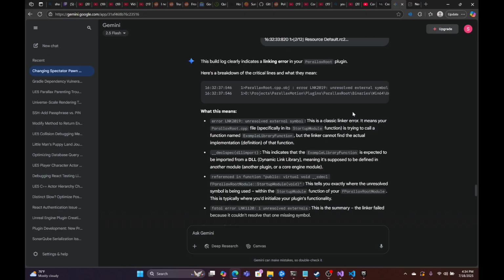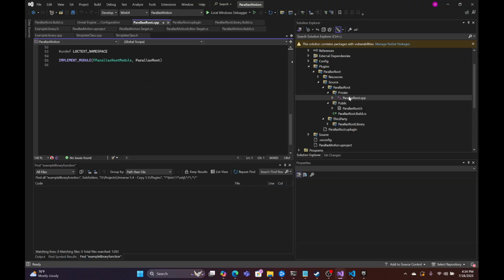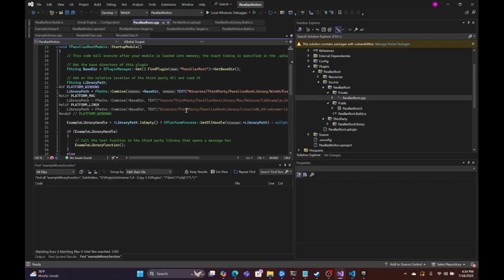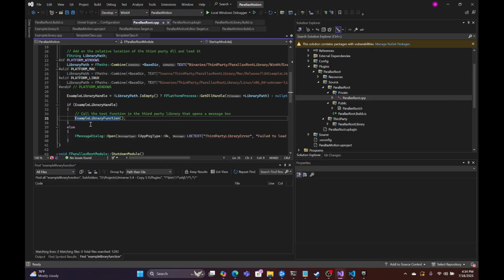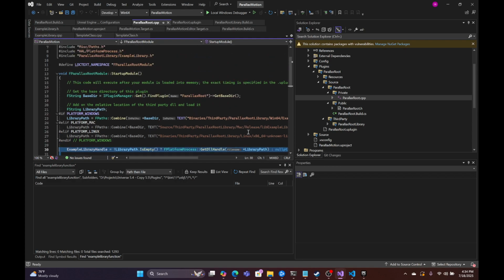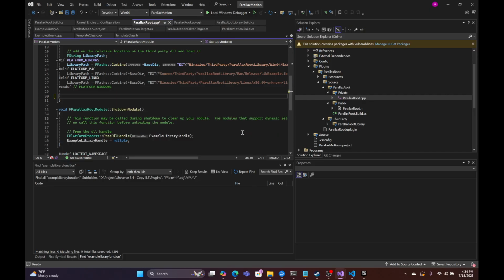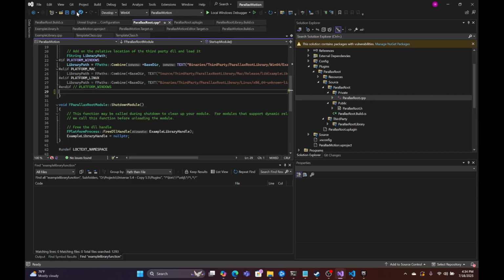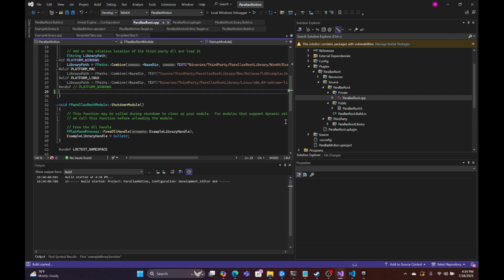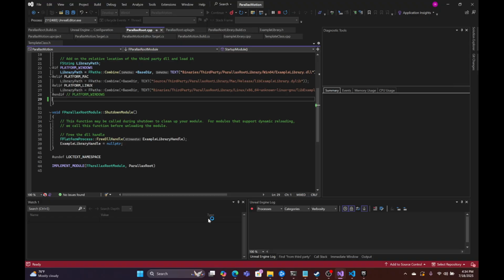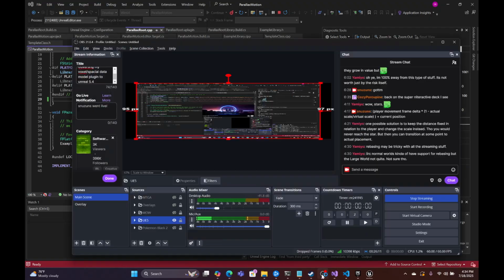Parallax root CPP file. Okay, yeah. So right here. Oh, yeah, of course. I don't need any of this. Not yet. Okay. There we go. Alright, that was it.